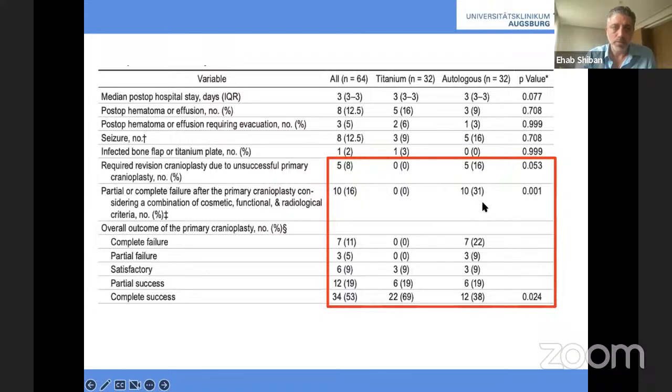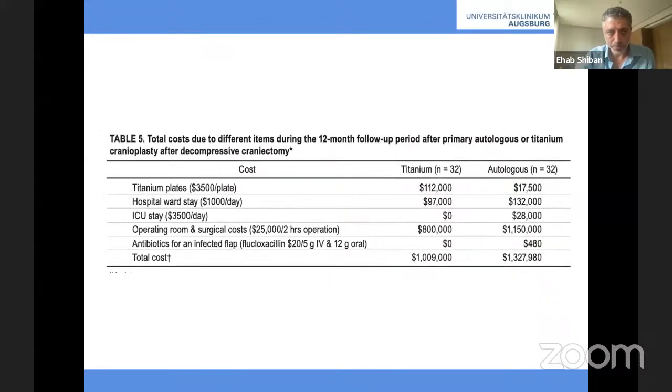The rate of partial or complete failure after primary cranioplasty with bone was higher than with titanium. And the overall outcome, you see here, complete failure, 20%, partial failure, or complete success was less with bone than with titanium. So you have fewer revision surgeries if you use synthetic material, in this case titanium, compared to bone.